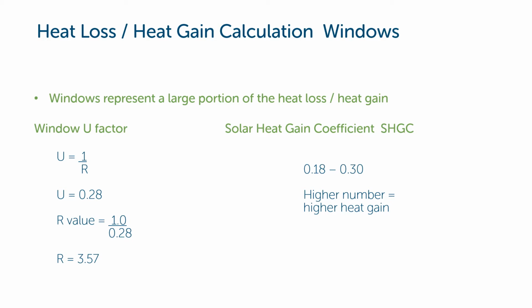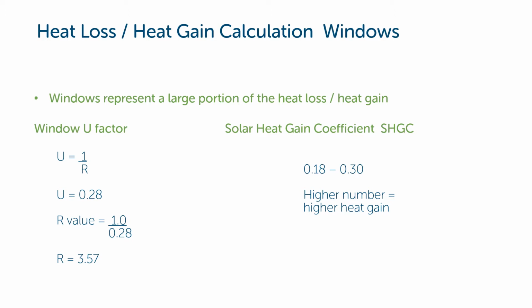Simply put, the U value is 1 divided by the R value. They are an inverse relationship. The R value is 1 divided by the U value. So if we have a U value of 0.28, and we need to enter an R value into our Manual J calculation, simply 1 divided by 0.28 is going to give us 3.57 in this case.